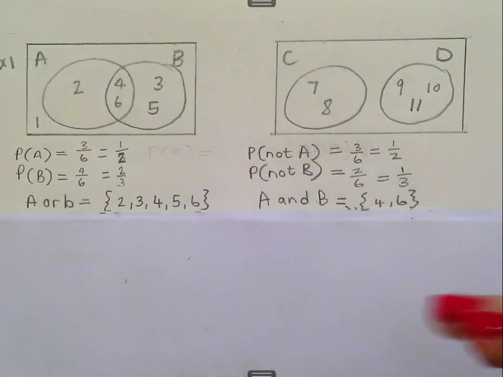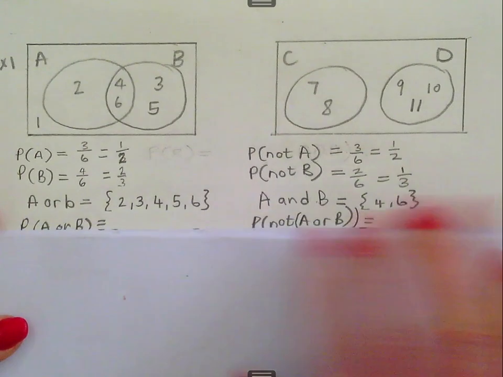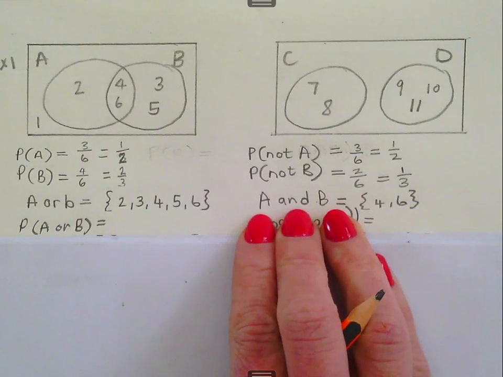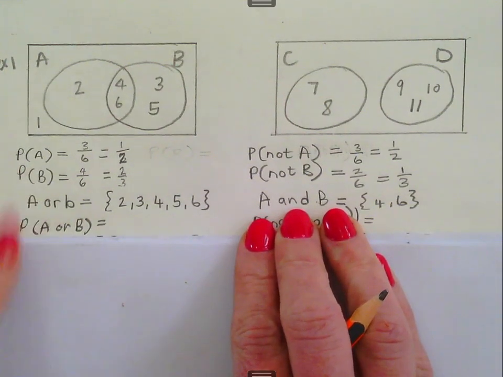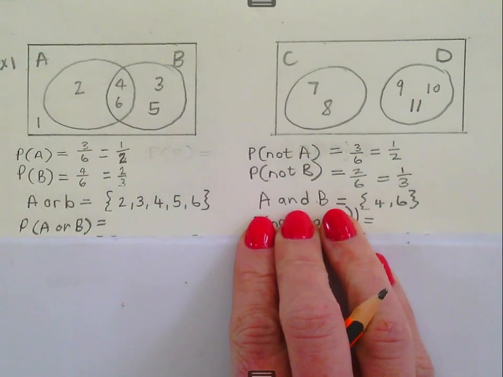Okay, you see the difference between or and and? Right, Kutlanu. Now, can you tell me, this is now very easy. You see, this one is different than that one. This one, they just ask who has A or B. Now I want to know what's the probability of choosing someone that has A or B.